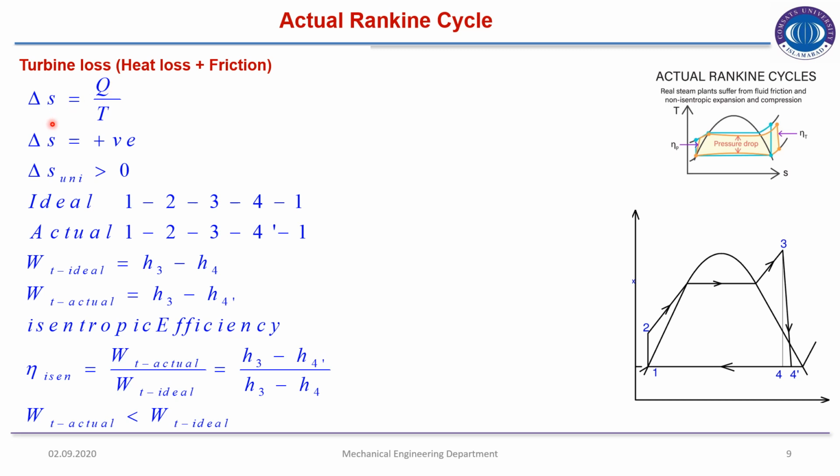To check this mathematically, from the second law of thermodynamics, the relation for the entropy change is del S equals Q by T. The value for the change of entropy is positive, and del S universe is greater than 0.